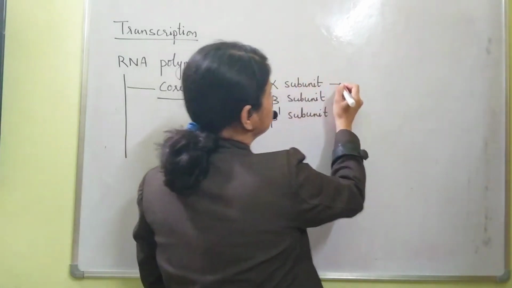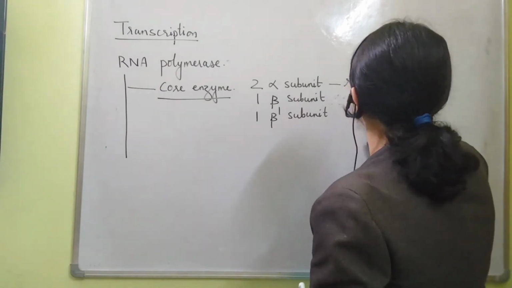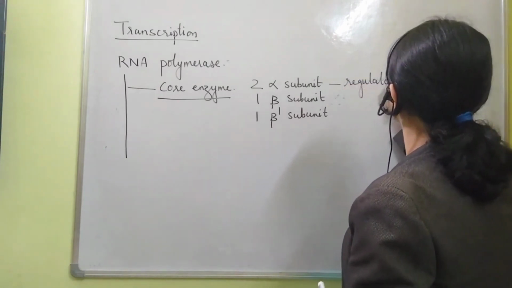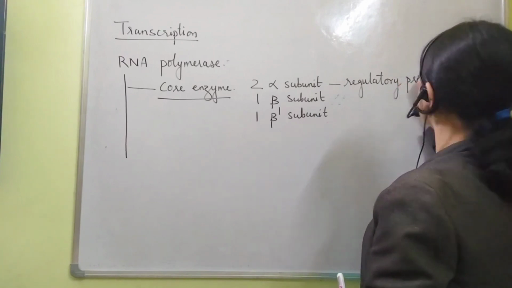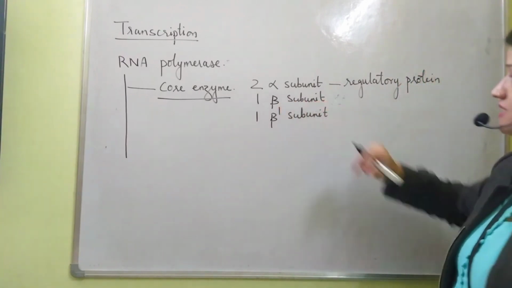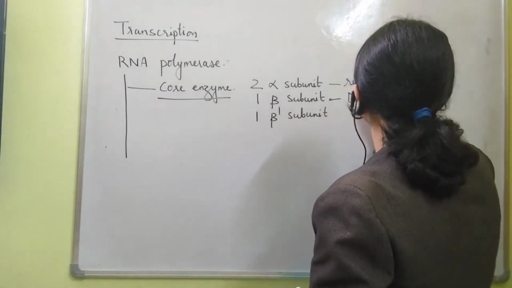Alpha subunit. This alpha subunit is required to bind regulatory protein. The beta subunit is required to bind to DNA template.